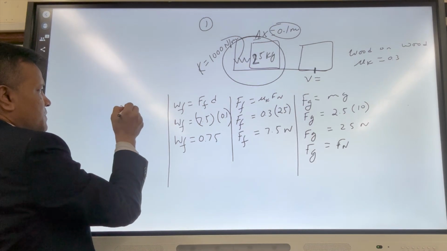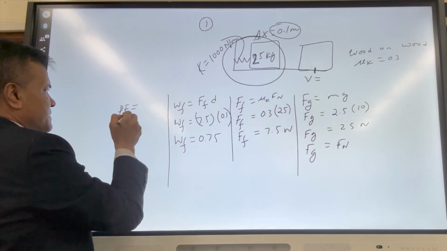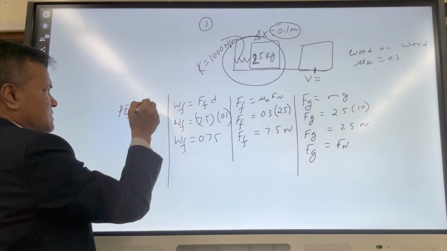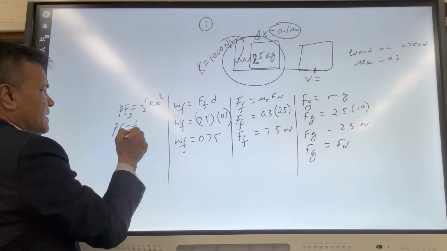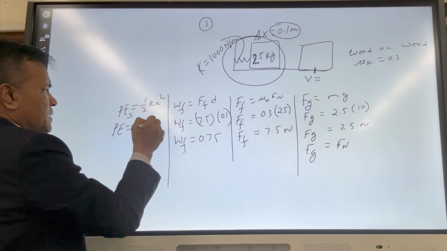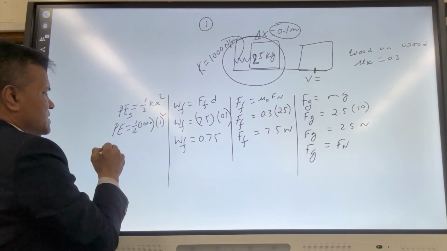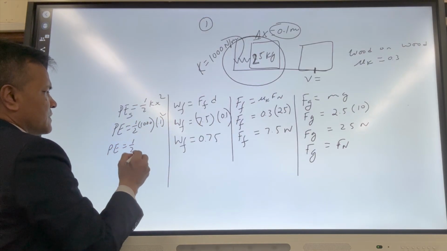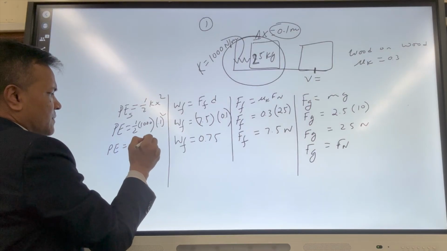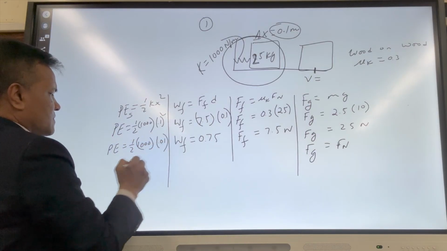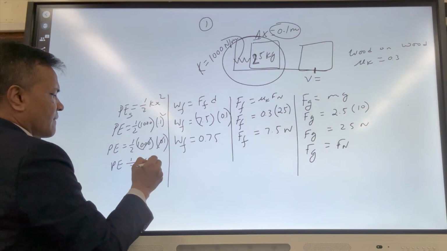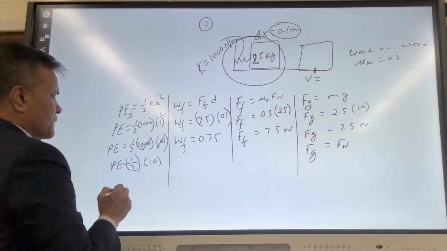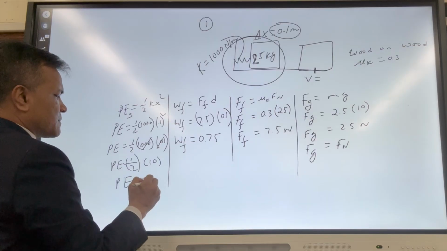Potential energy due to the spring, half kx squared. So potential energy is half, k is 1000, and 0.1 squared. Half of 1000 times 0.01, so the zeros cancel, half of 10. So potential energy is 5 joule.